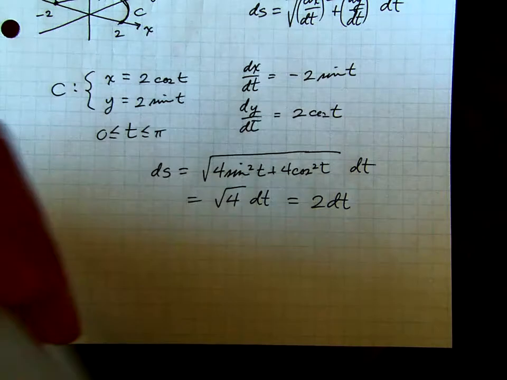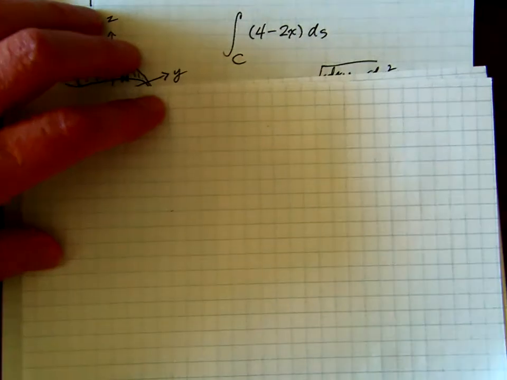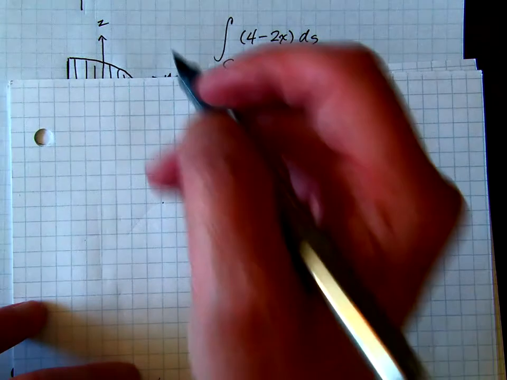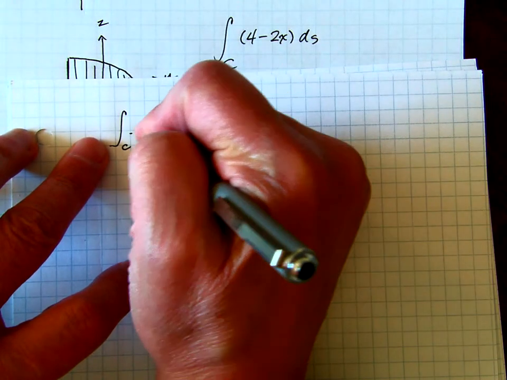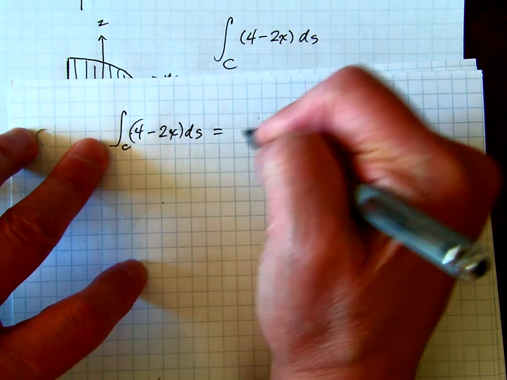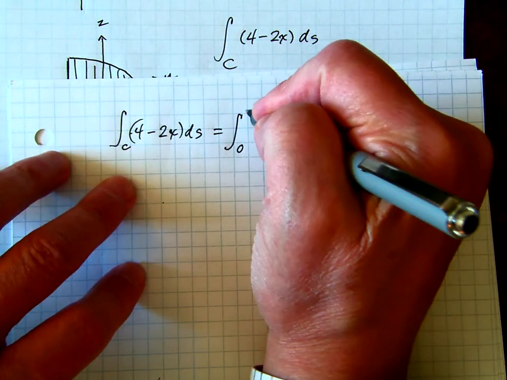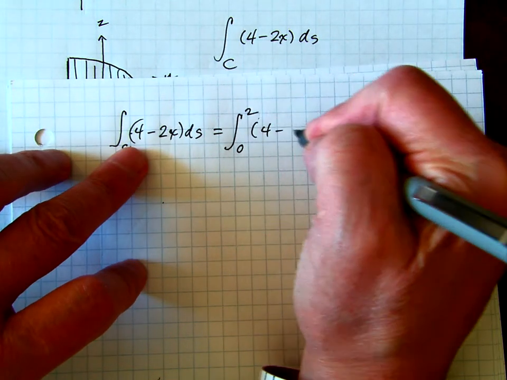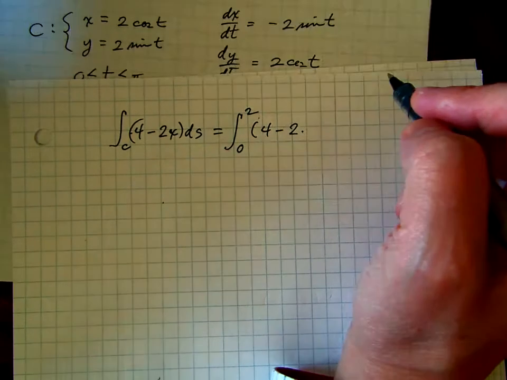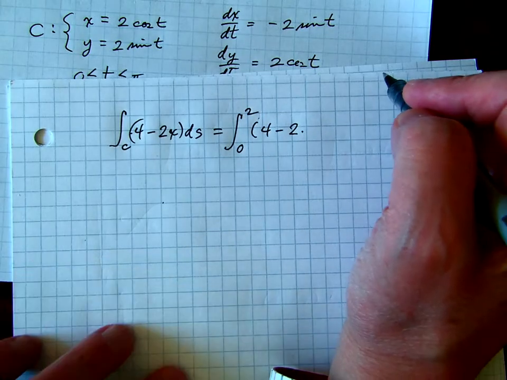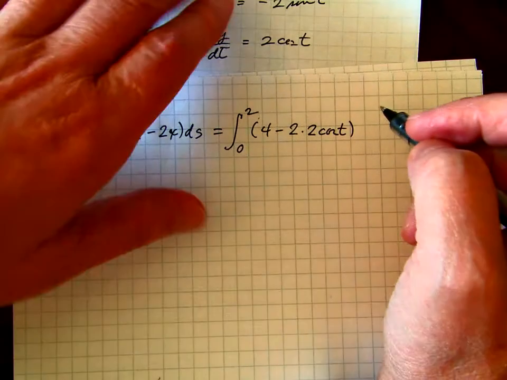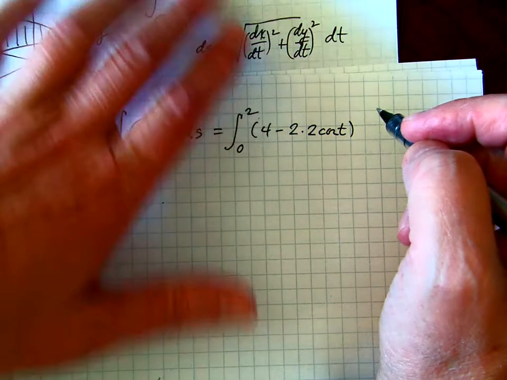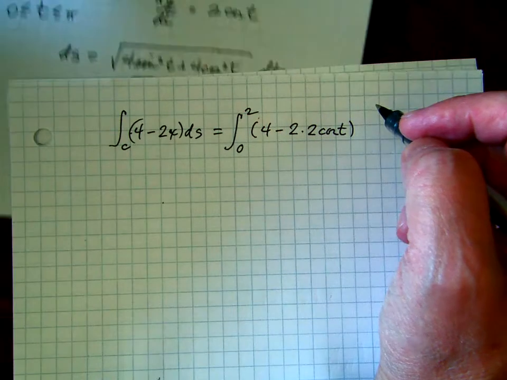Let me copy down my integral. So my integral over c of 4 minus 2x ds is going to be the integral from 0 to pi of 4 minus 2 times, now remember, x is 2 cosine t, and ds is going to be 2 dt.